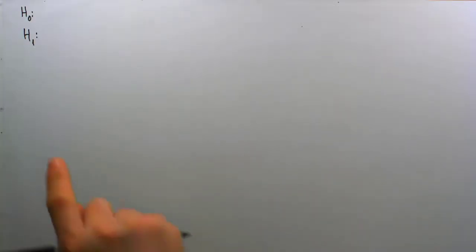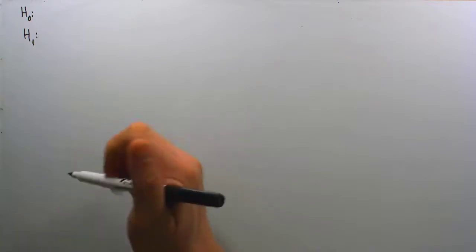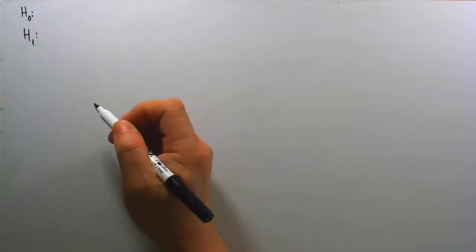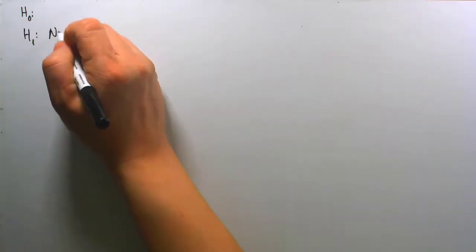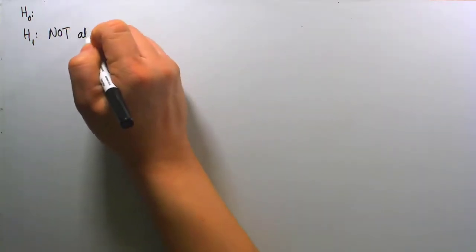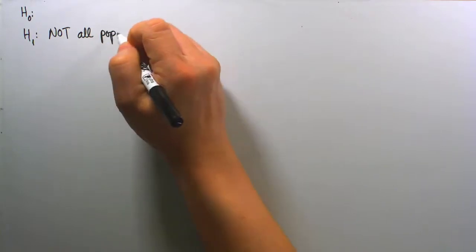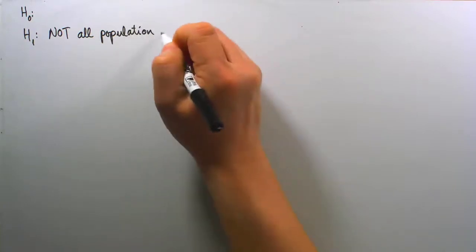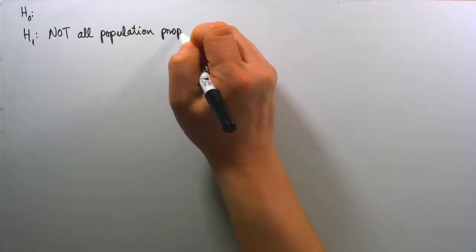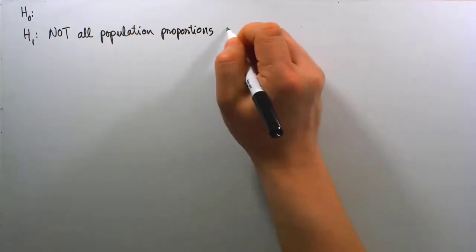And so now for H1, the alternative hypothesis, we can simply copy and paste the statement from our wording of the problem. Not all population proportions are correct.